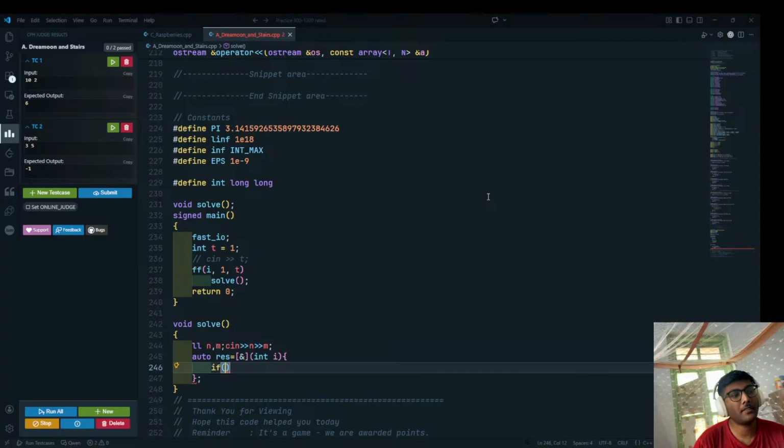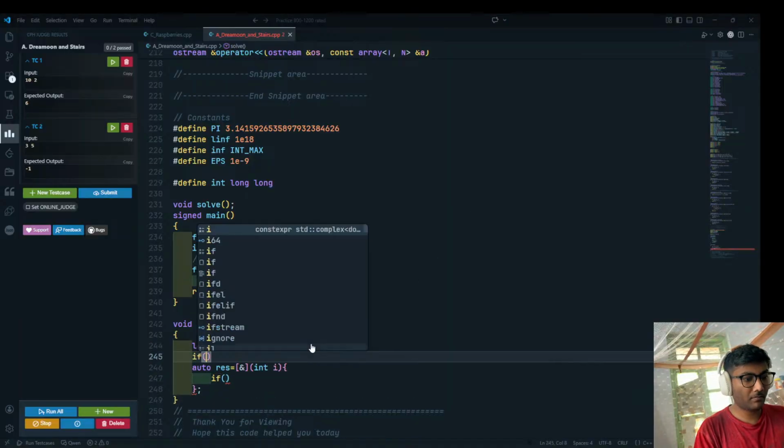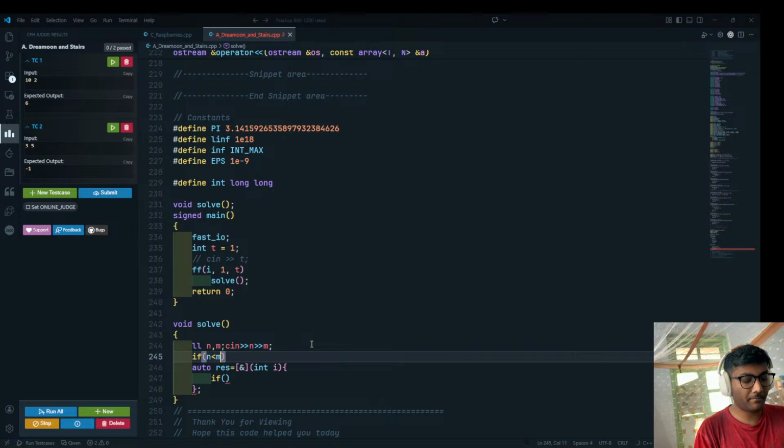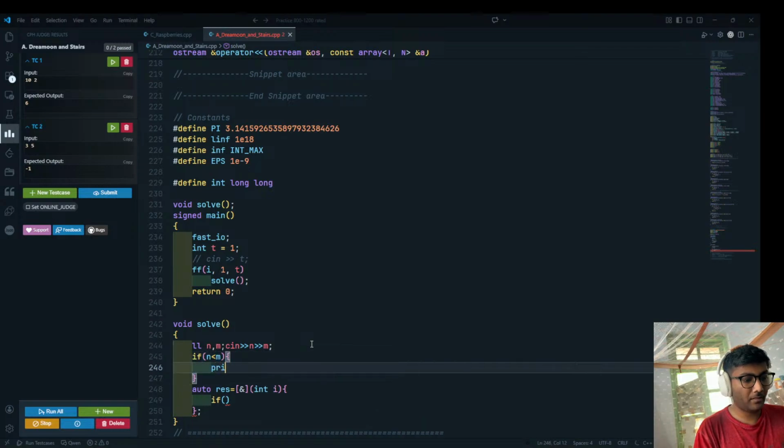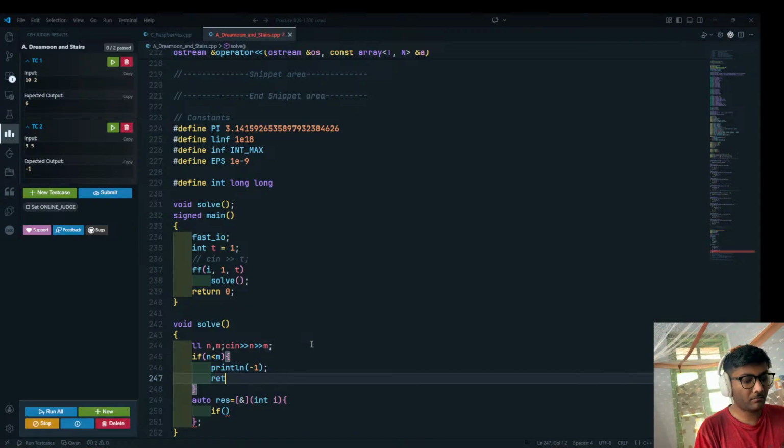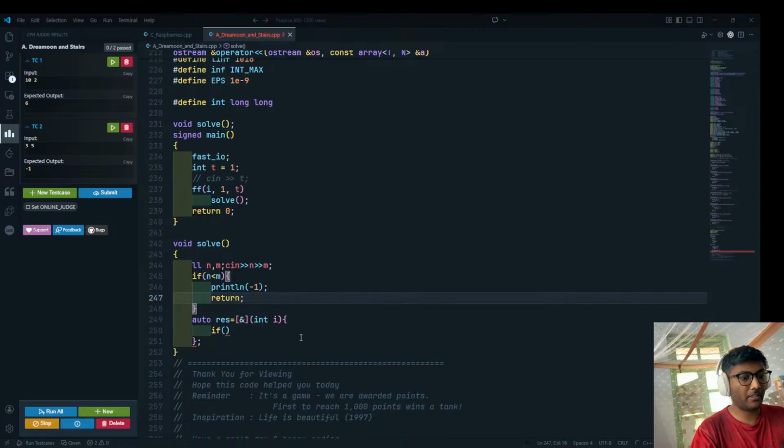For example, 3 and 5. Where is it not possible? I wanted to climb 3 steps while being a multiple of 5. It's impossible. What if I wanted to climb 5 steps? Yeah, so if n is less than m, print -1. I don't have to do anything else.